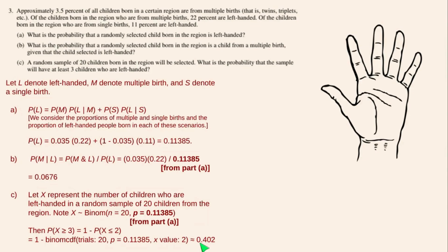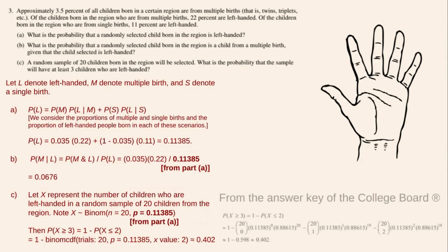Here's the answer from College Board. They did the same kind of process and the same kind of setup, except that they used the binomial probability model explicitly. So for the calculation for 0, they did 20 choose 0, odds of success to the 0, odds of failure, which is 1 minus the odds of success, to the 20th.